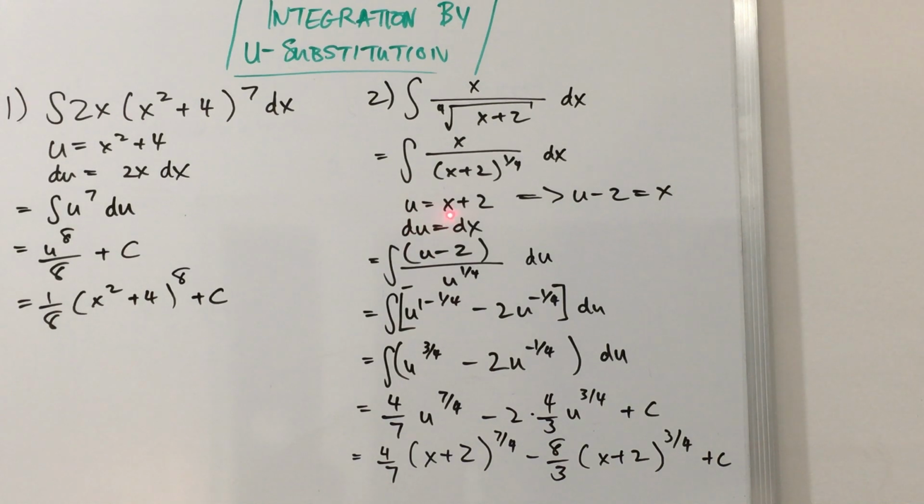The important parts in both example 1 and example 2 were the u substitution, and then you differentiate both sides to get du.